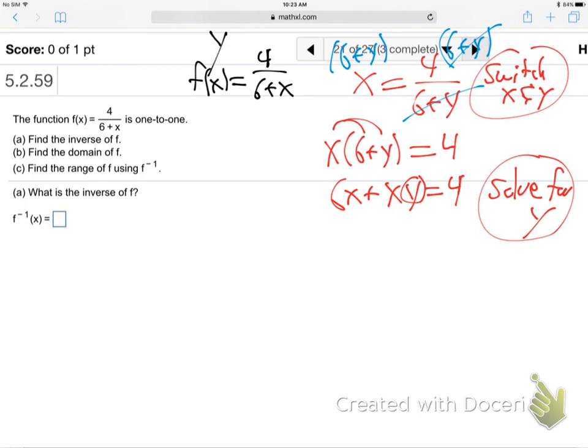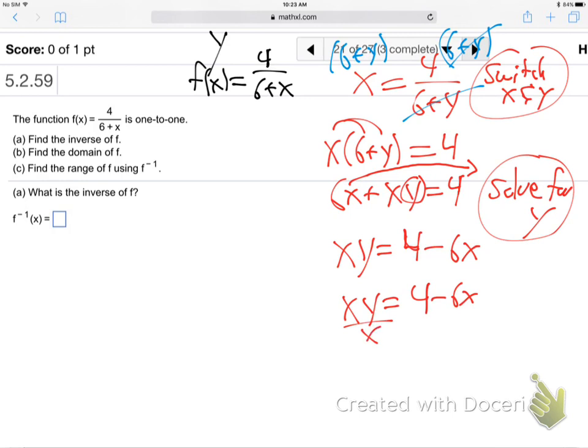So how do we finish solving this thing for y? Move the 6x to the other side. Good to there. Last step. I'm going to do it slower here. Last step, divide by x. There it is. That's the inverse.